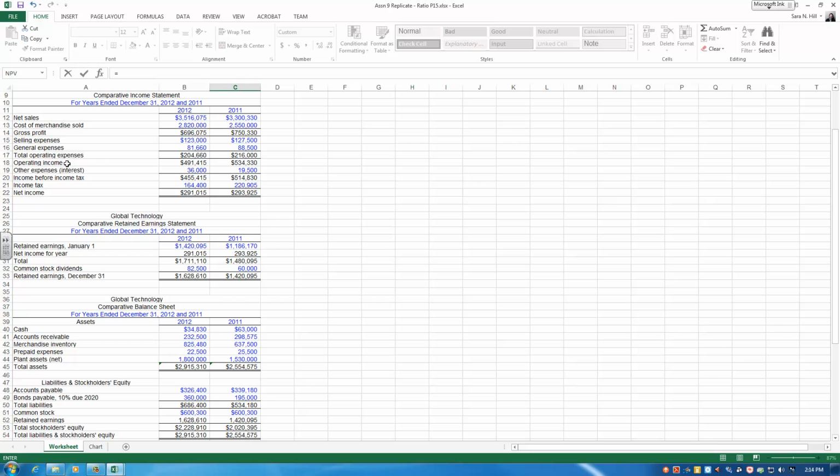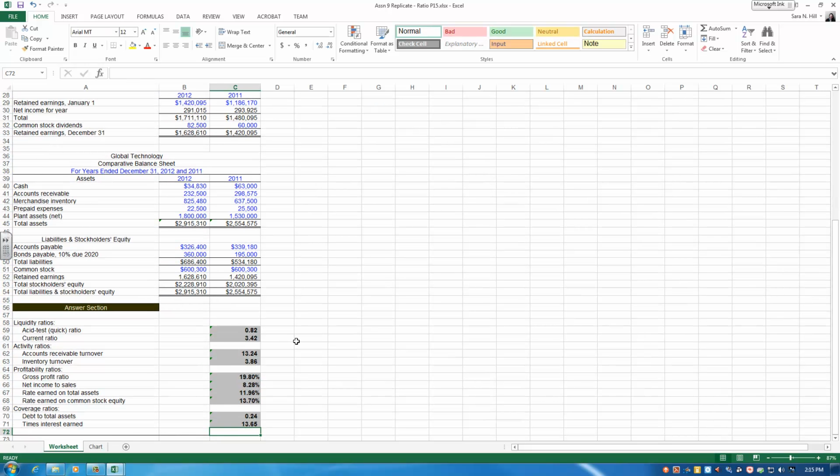Total operating income, it looks like, is B18. We're going to divide that by the interest that we are paying, which just happens to be the cell right underneath it, other expenses interest. All right, so 13.65. Sounds like a pretty good times interest earned ratio.